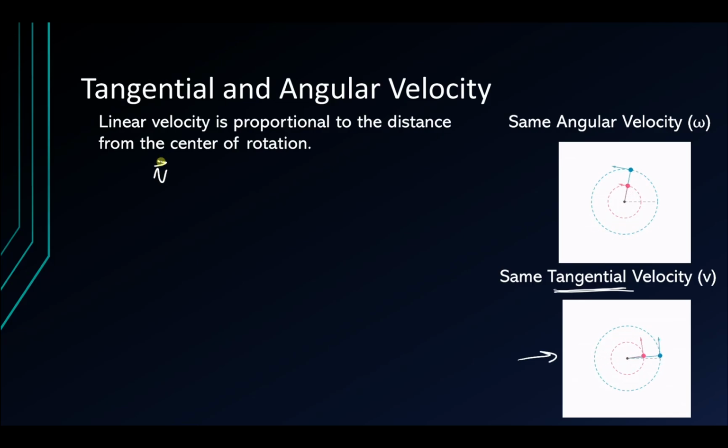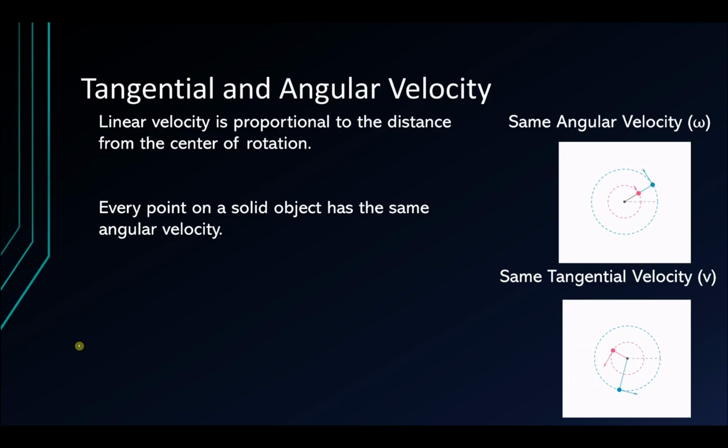That's because our linear velocity is equal to the radius times omega, right? This omega is scaling, so it is proportional to the radius, meaning that if I change the radius, it changes my linear velocity. But every point on a solid object has the same angular velocity.